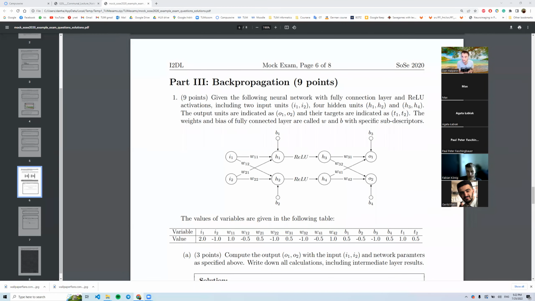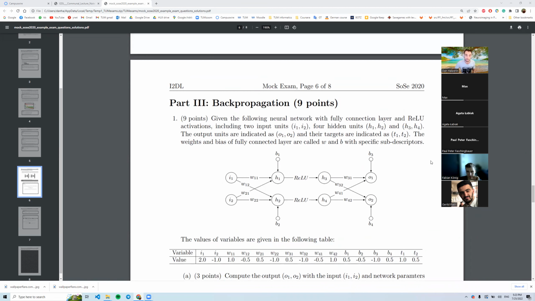RNNs and LSTMs are important to understand the basics of transformers, why we did transformers and how they were developed. This is the very basics of this topic. Backpropagation is also important to understand, but I don't think we will ask you to do that in the exam, because I think it's a waste of your time.